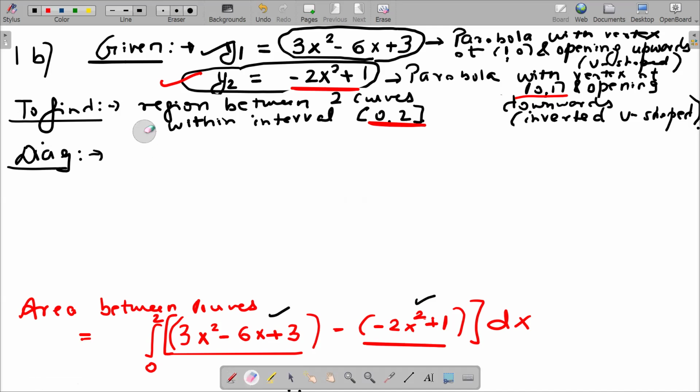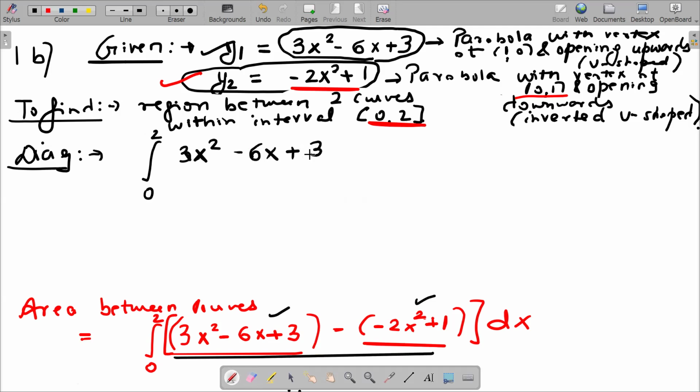This is going to be integral. If I write this clearly, it's going to be integral from 0 to 2. So this is going to be 3x square minus 6x plus 3, minus into minus makes it plus 2x square. And then again, I have minus into plus 1 is minus 1 dx.